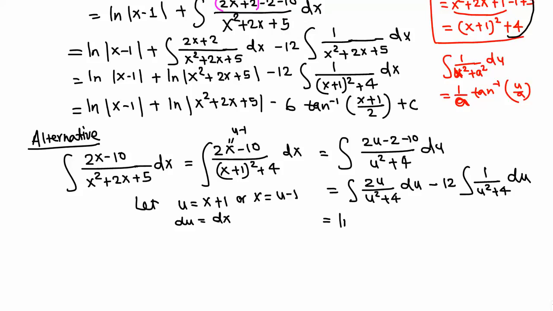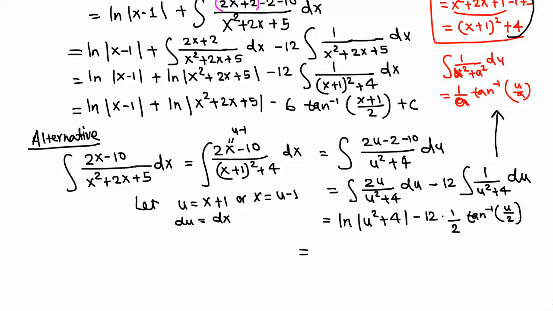That means natural log of bottom, u squared plus 4, minus 12. Now this fits into this formula. 1 over u squared plus a squared du, that will be 1 over a, because a squared is 2 squared, 1 over a tangent inverse of u over a.